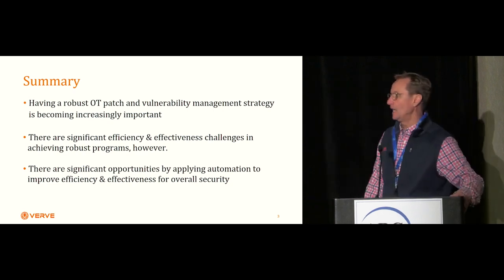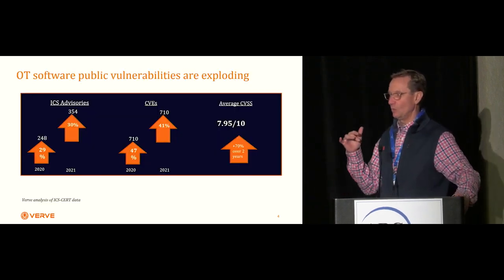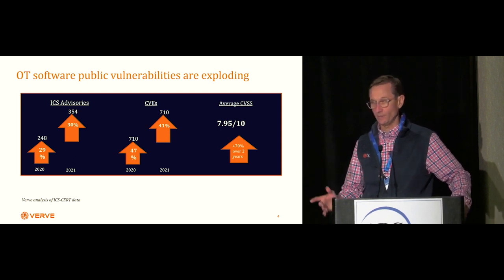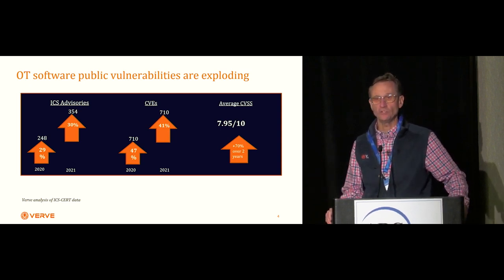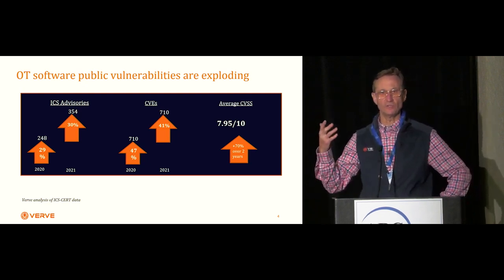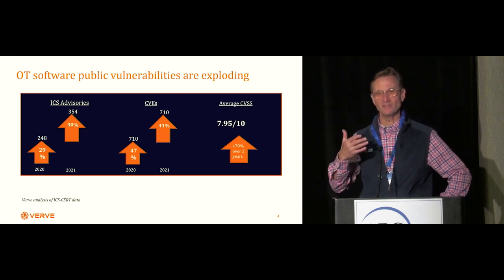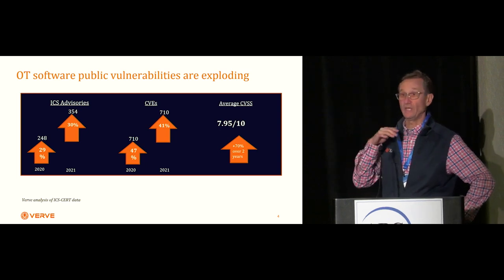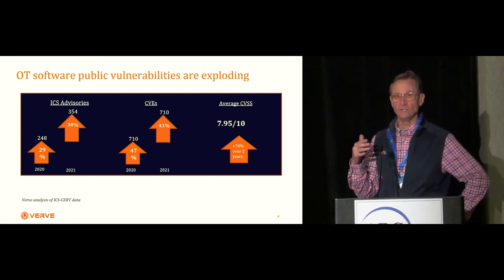So with that, quick context. If we look over the last couple of years, and we'll be issuing our report next week on what 2022 looks like, you can see here the number of ICS advisories, which used to come out from ICS-CERT and now come out of CISA-ICS, has increased significantly over the last couple of years.